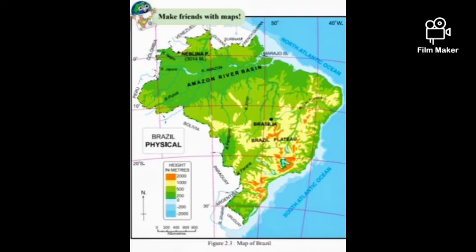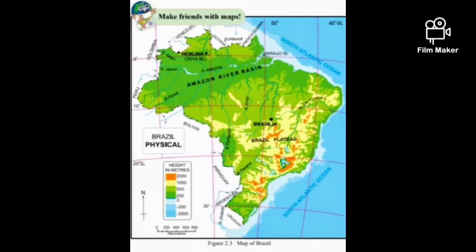Now let us see the latitudinal and longitudinal extent of Brazil. Brazil, children, lies in the northern as well as southern hemisphere. Just look at the map, children. There is this line of equator, and only some part of the country lies in the northern hemisphere, and the major part of Brazil lies in the southern hemisphere.